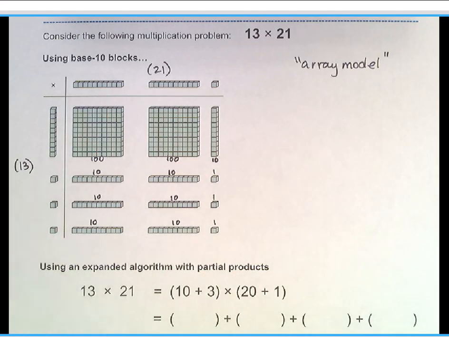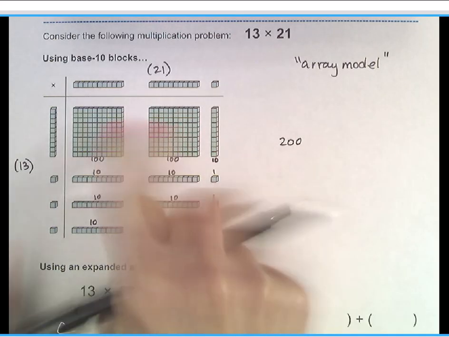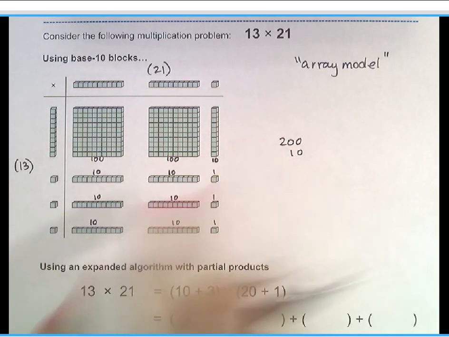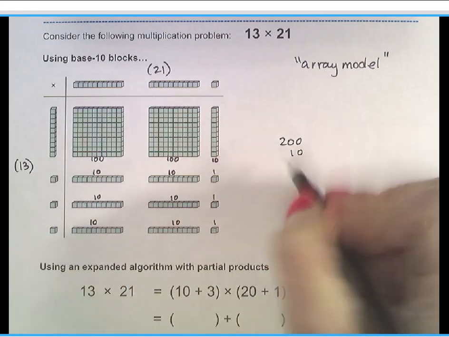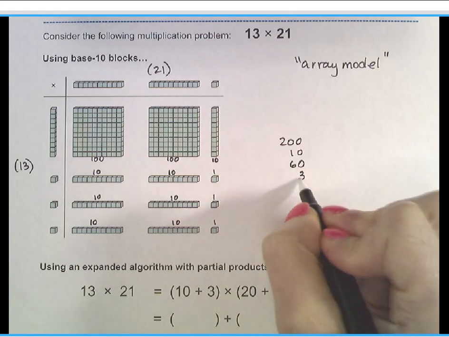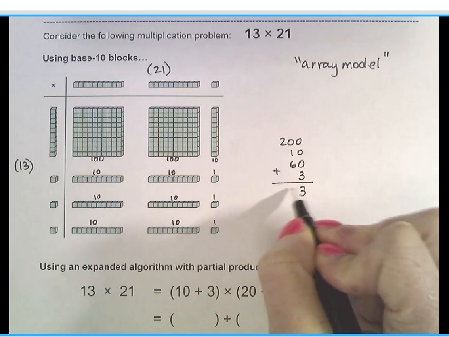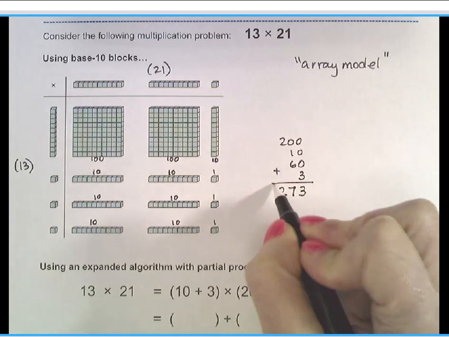so we have some hundreds, we have some tens, and we have some ones. Let's look at what we have. We have 200, right, the 200s. We have this 10, that's the vertical one. Then we have 1, 2, 3, 4, 5, 6, 6 tens, that's 60. And then we have 1, 2, 3. And if you add that up, you get 273.